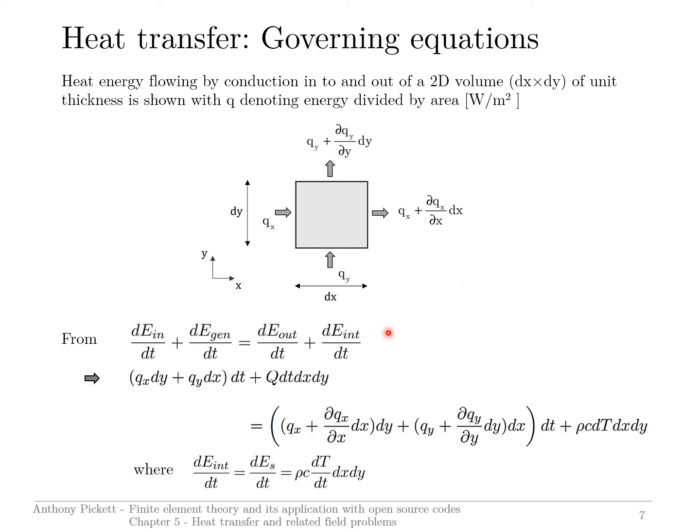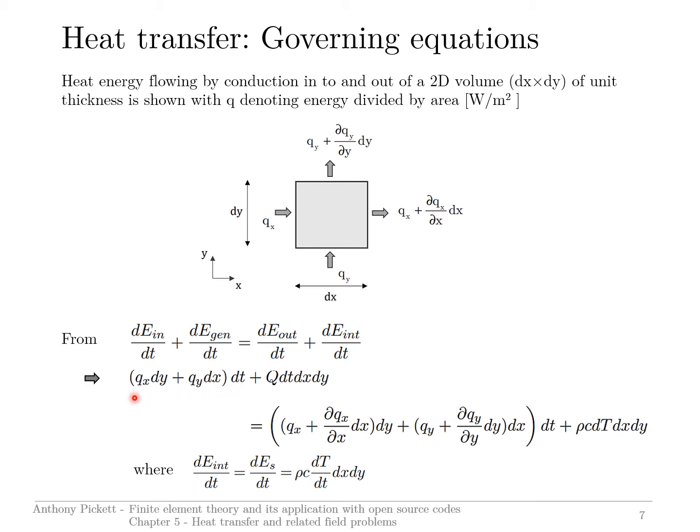Using this energy equation we expressed on the previous slide, we can obtain this expression here. So in this case we have qx multiplied by dy, qy multiplied by dx, and we're going to account for what's happening over a time interval dt.